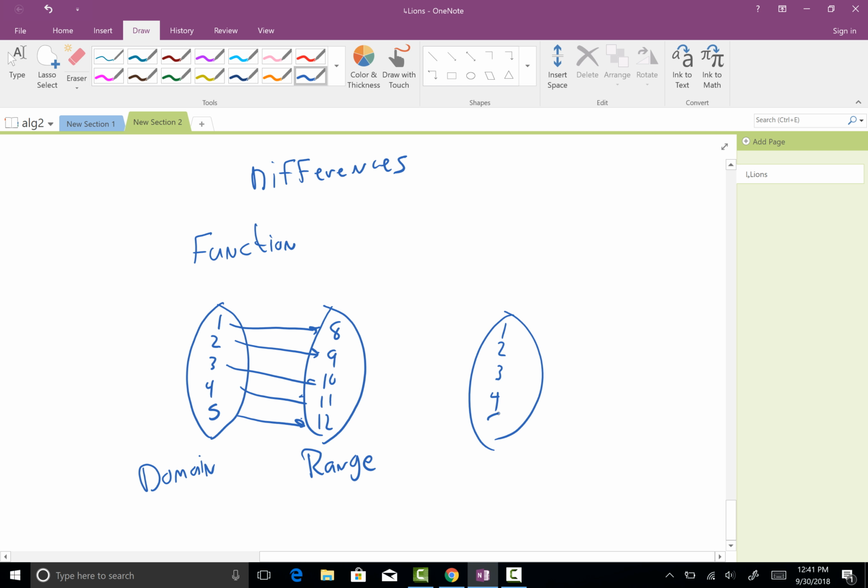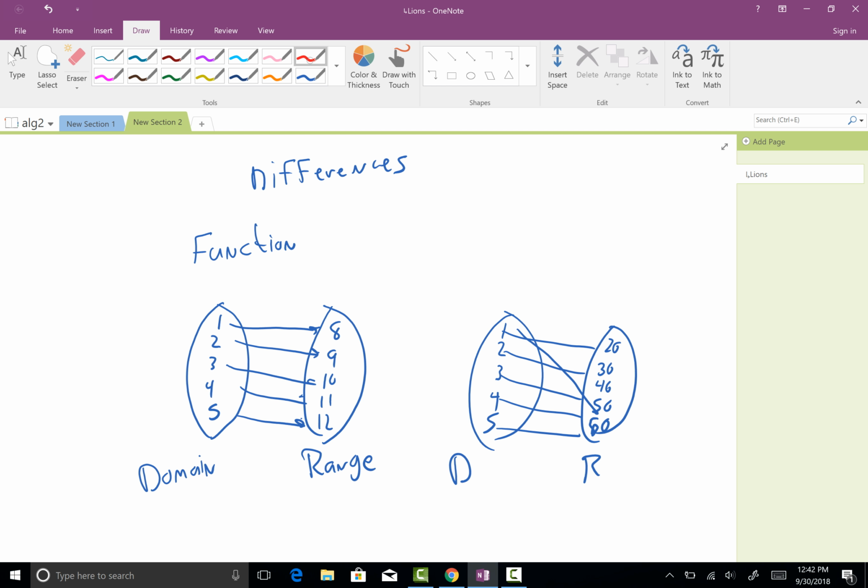that each element here in the domain is paired with only one element in the range, right? But in this case, we have this number here and this number going here.